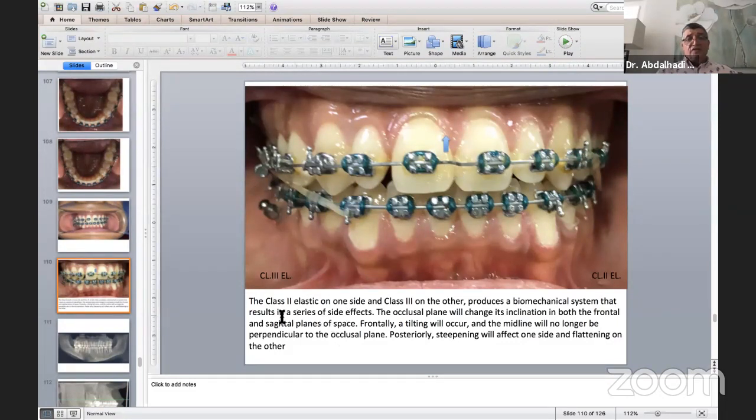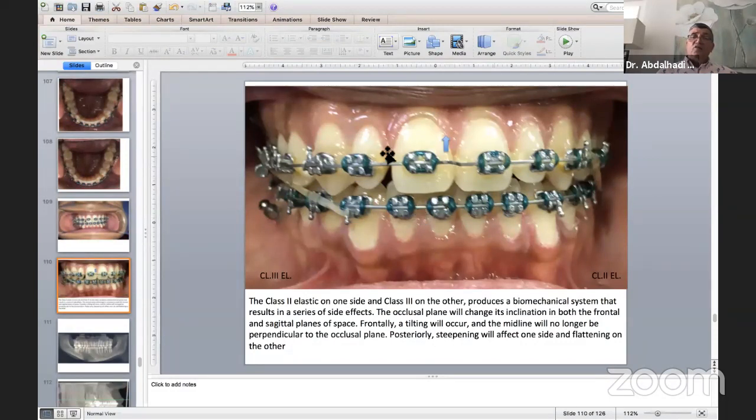So in case of using the class 2 elastic on one side and class 3 on the other side, that produces a biomechanic system resulting in a series of side effects. The occlusal plane will change its inclination in both the transversal and sagittal planes of space, frontally tilting.